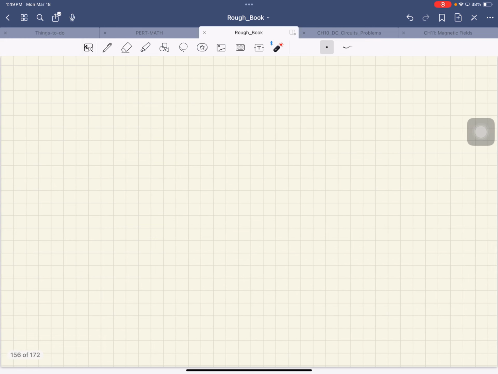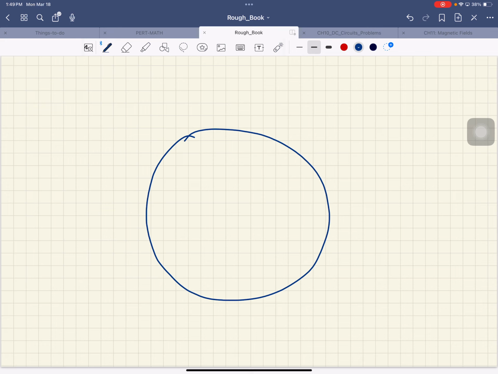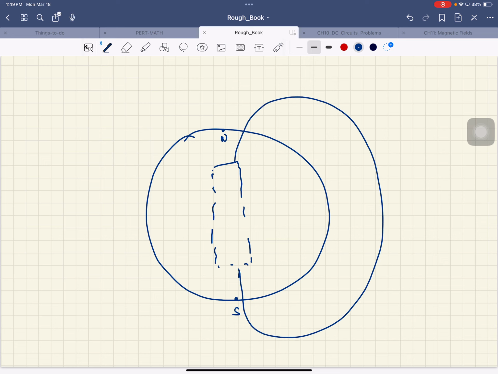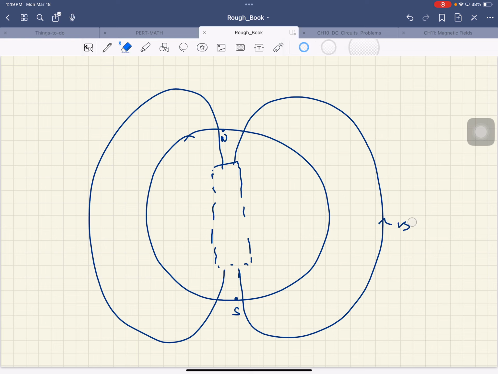Let me show you the Earth's magnetic field. There is the North Pole, there is the South Pole. This is the geographic North Pole and South Pole, and there is the Earth's magnetic field.